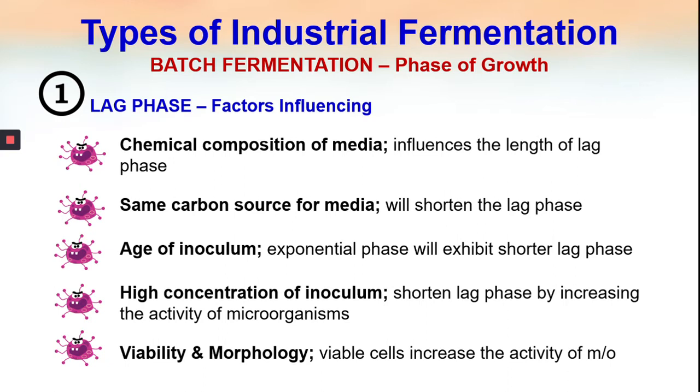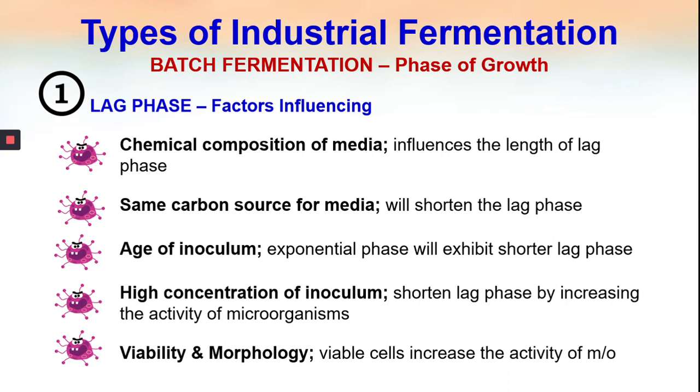So, in order for us to shorten the lag phase, mostly industry will use the same medium as the previous medium. Factor number 3 is age of inoculum. If you want to shorten the lag phase, you need to use an inoculum age that is considered young. What is the definition of young inoculum?